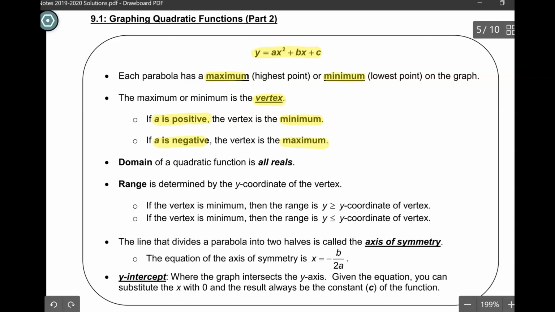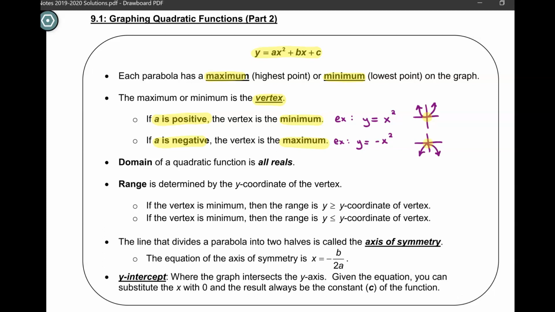An example would be y equals a positive x squared. That's going to look like this. So our vertex would be here, a minimum. And if it's a negative x squared, our graph would go down, and so the vertex would be a maximum.